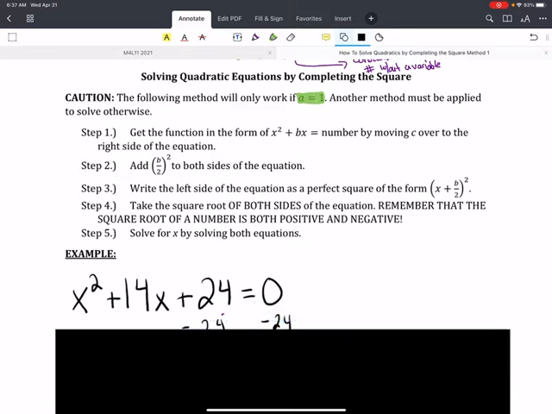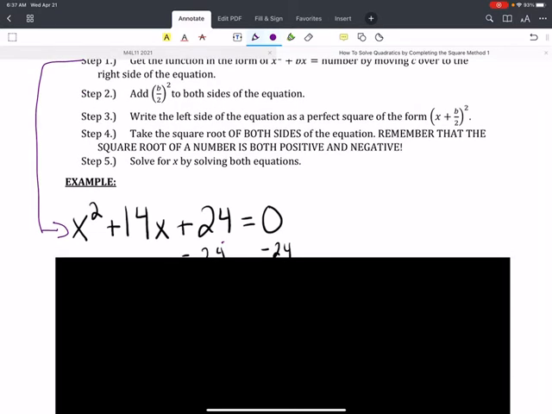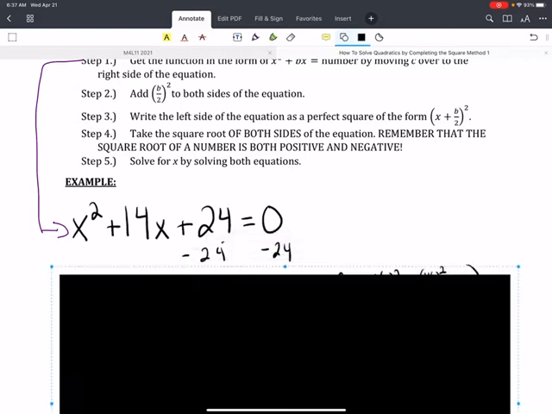If I was looking at x squared plus 14x plus 24 equals 0, step 1 says to get it in the form with x squared plus bx on one side and equals a number on the other by moving c, the constant, to the right side. In order to do that, I simply subtract 24 from both sides. That gets that constant to the other side.